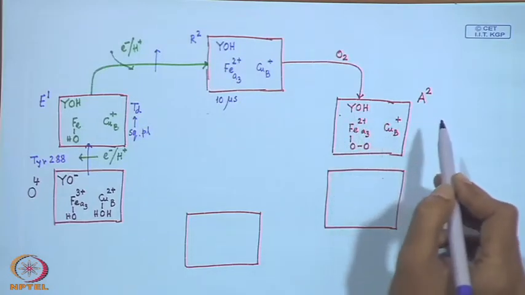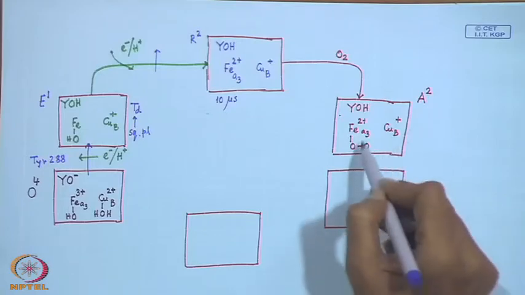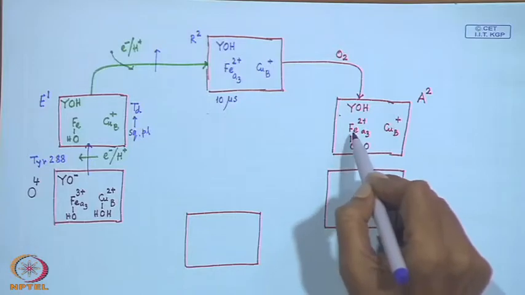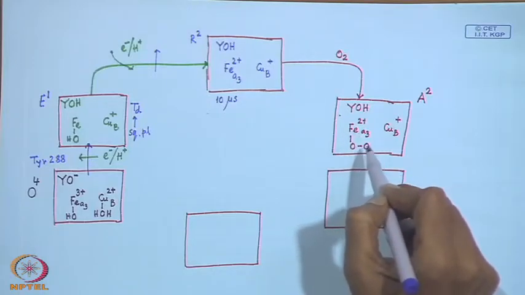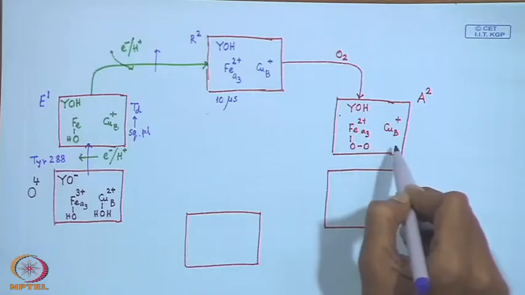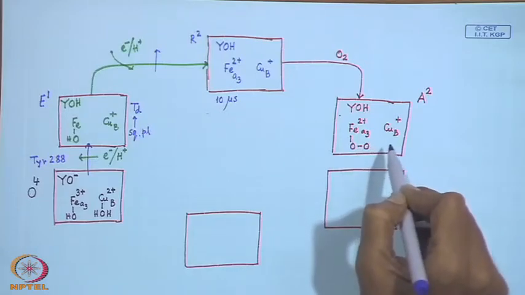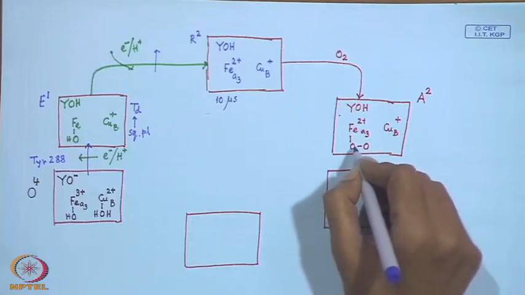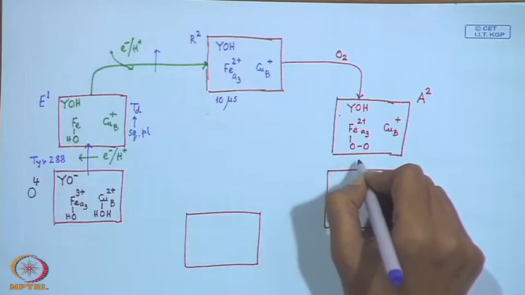So, if those hydrogen bonding interactions are there, this O2 which is only attached to your iron site is getting stabilized, and if this O is strongly engaged in hydrogen bonding to some imidazole side chain or anything, then there is a possibility for your OO bond cleavage.